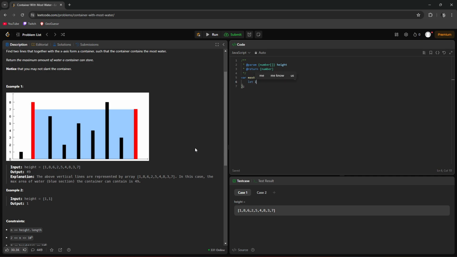So we're going to need a left counter and a right, which is going to be height, which is the array name, length minus 1, the last index. And we'll have a starting area of 0, and we'll have a distance between the left and the right.